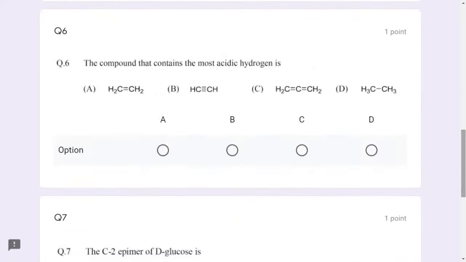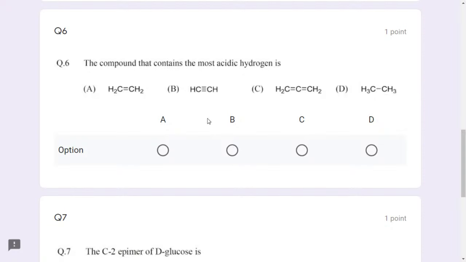Next, the compound that contains the most acidic hydrogen is, as you know, based on the hybridization. Based on the hybridization, you can say which is more acidic. What is the hybridization in this? sp2, here sp, here sp2 and sp2, here sp3. As we know, sp3 is less acidic than sp2, than sp, or sp hybridized carbon is more acidic than sp2, than sp3.